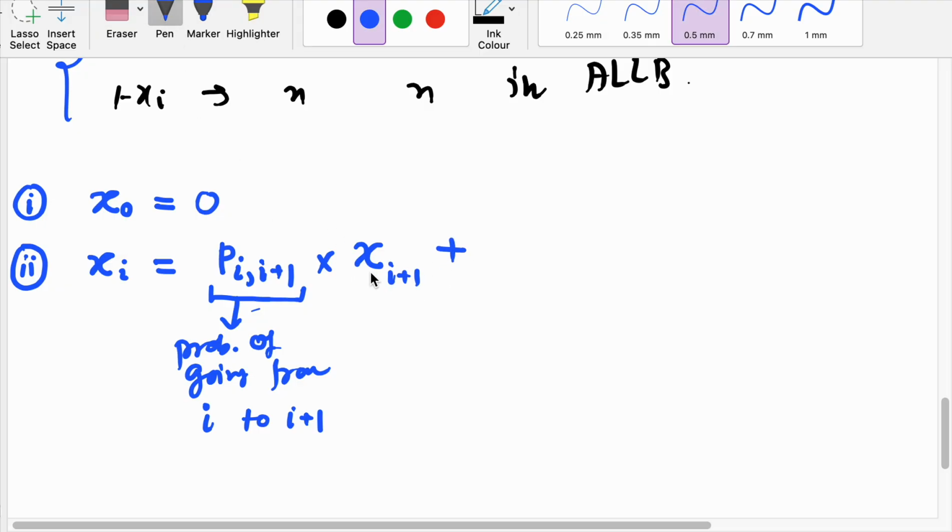Plus, it could go from i to i minus 1, and from the i minus 1 state the probability of reaching all A state will be x i minus 1.